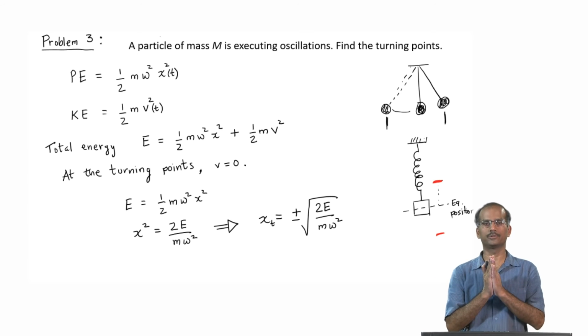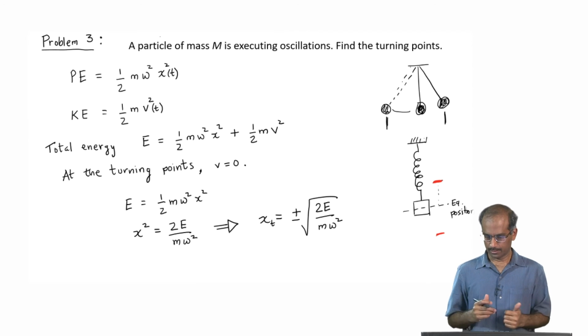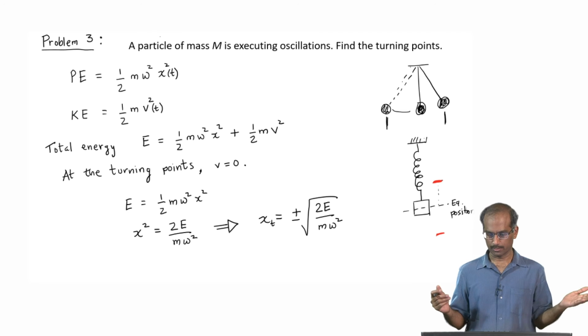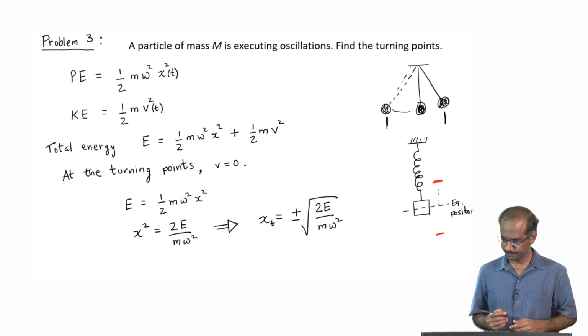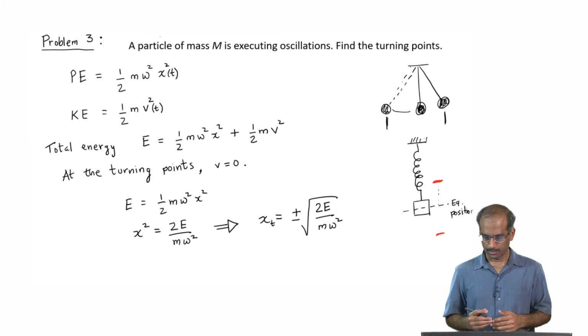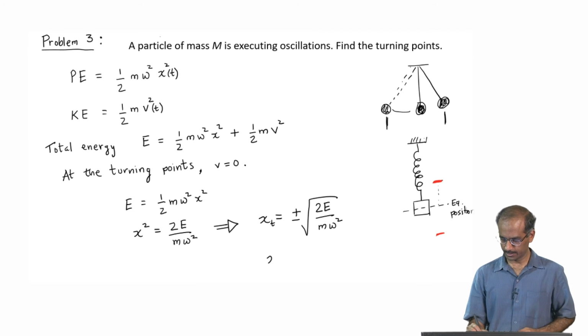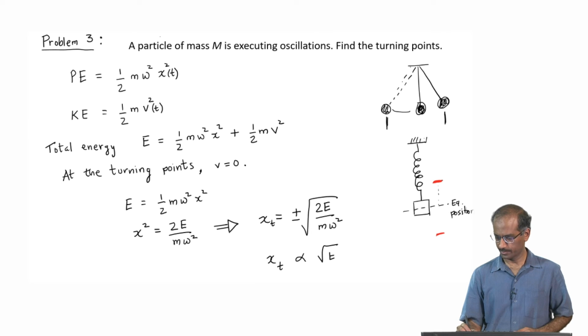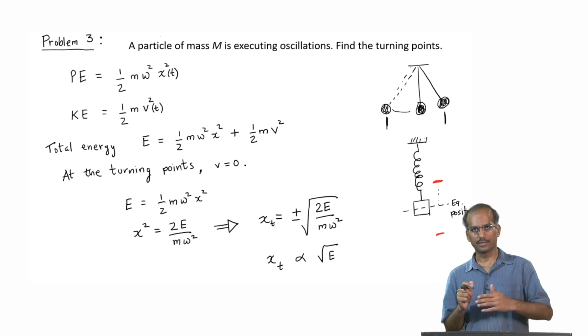If your equilibrium position corresponds to 0 in your scale, there are two turning points, one on the positive and the other on the negative side. You should note the feature that the turning points depend on energy. The turning point is proportional to square root of E. So, the more energy you give, the further away the turning points would be.